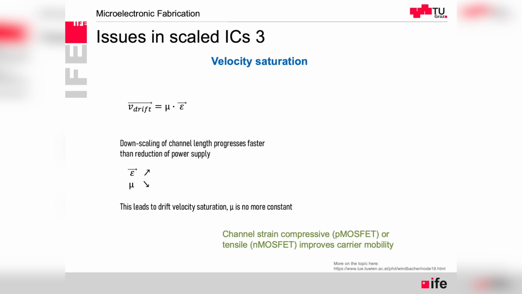However, if the electric field gets very high, which happens in scaled technologies because the power supply decreases only a little bit, from one technology node to another we might see half the feature size, or 75%, but the supply voltage will be only 10% smaller. So the scaling of the supply voltage is much less aggressive than the scaling of the dimensions.